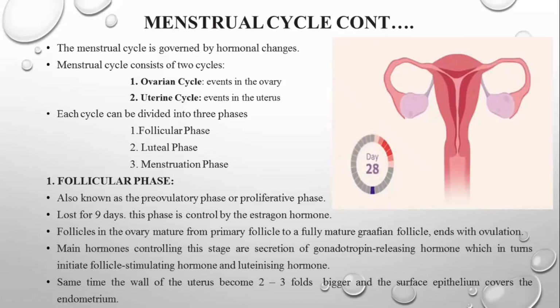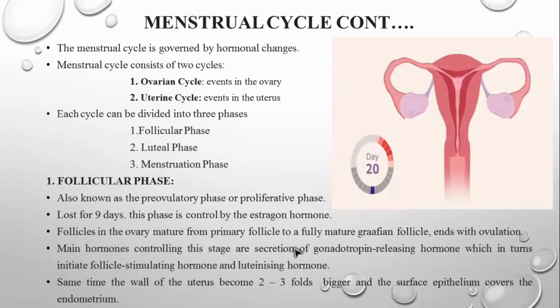The follicle stimulating hormone acts on the ovary and helps in the production of your Graafian follicle. Till the formation of the Graafian follicle, this comes under the ovarian cycle.